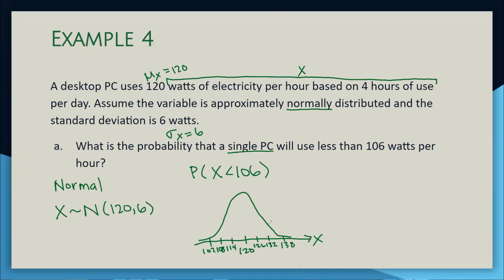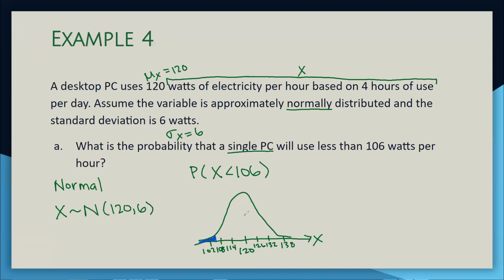And we want less than 106. So that's right here, just past that 2 standard deviation hash mark, and we're shading to the left. So we're way out in this left tail, out past 2 standard deviations. So I expect this is going to be small, less than about 2.5%, because I know that 2 standard deviation hash mark separates the 2.5% in the tail from the middle 95%.